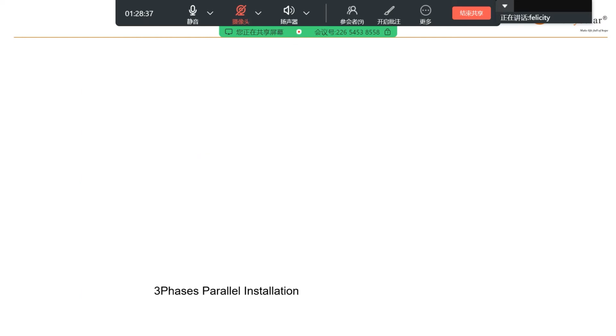And here I made a short diagram of the connection.